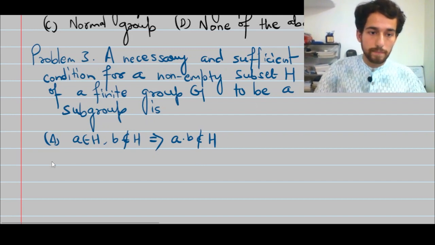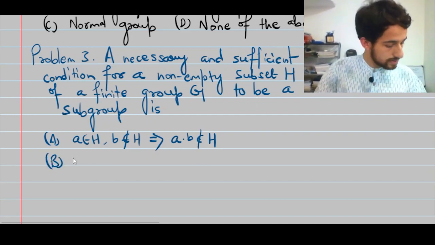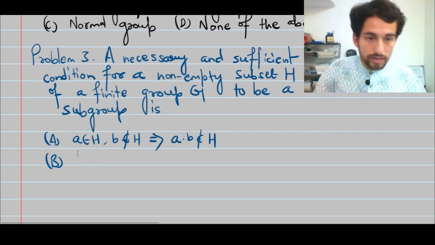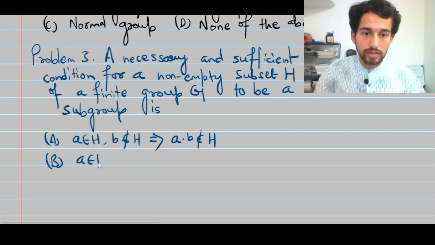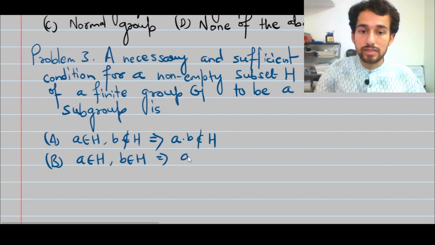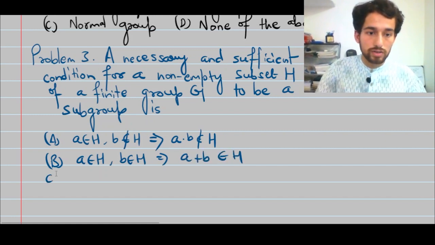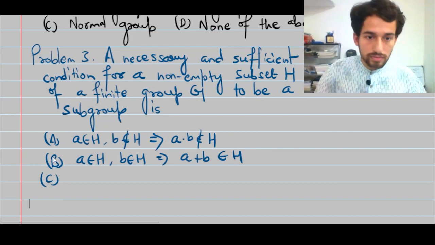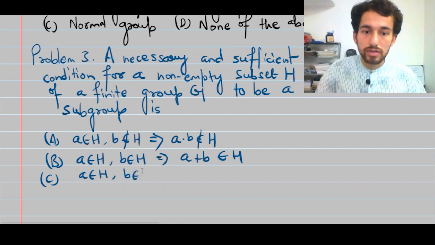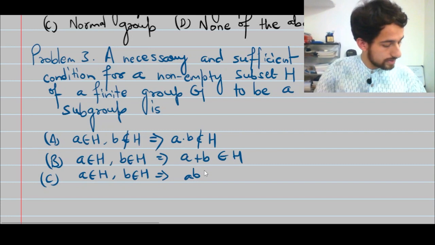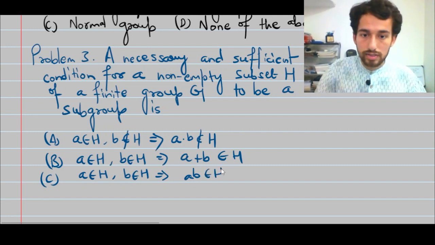The second option is, if you choose 2 elements from the non-empty subset H, this implies the sum is in H. Third option is, again I'm choosing 2 elements. Now this implies that their product belongs to H.